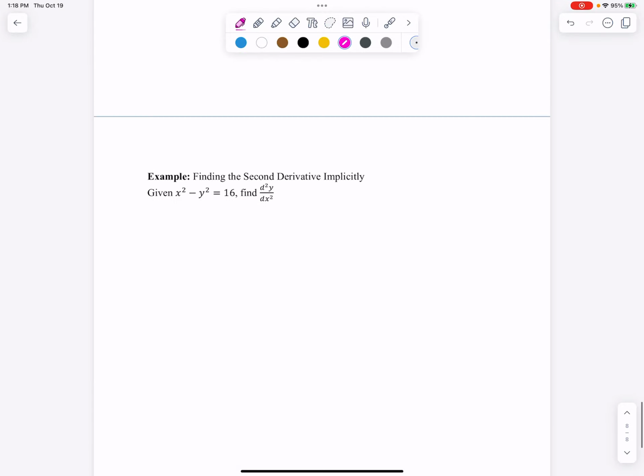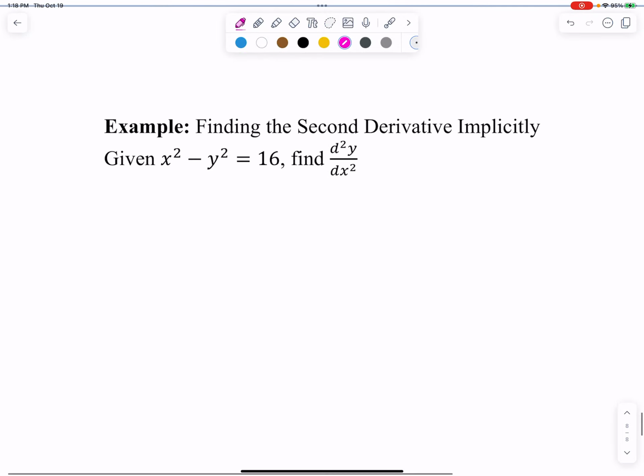Okay, and then our last example here, we're just getting some extra implicit differentiation practice because we are actually going to find the second derivative.